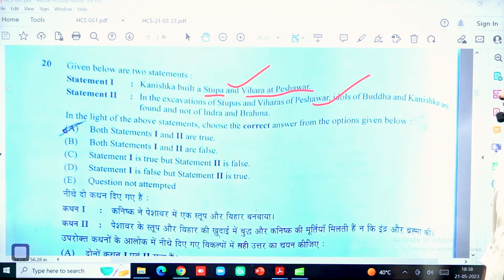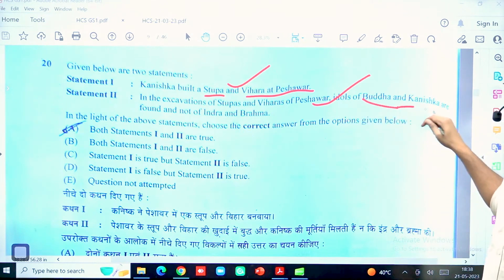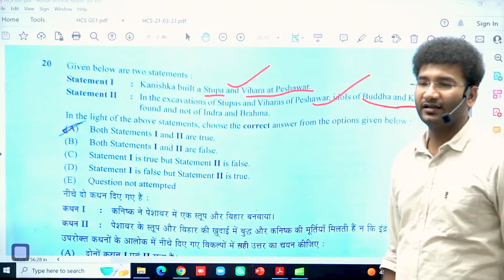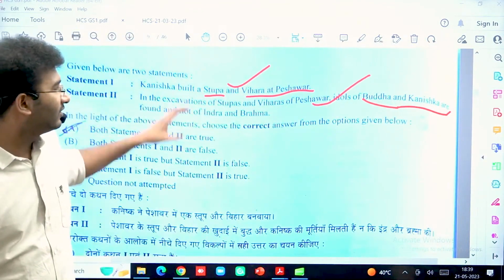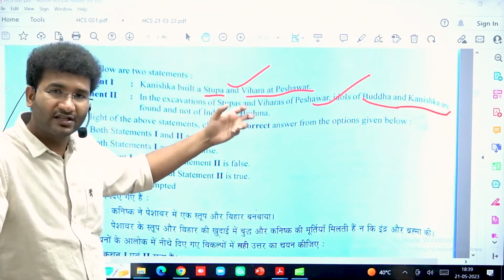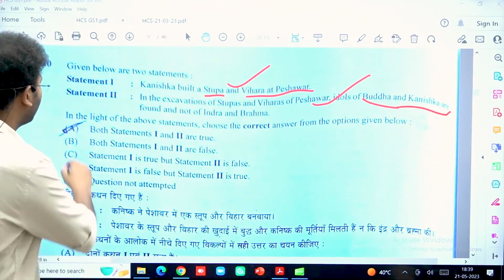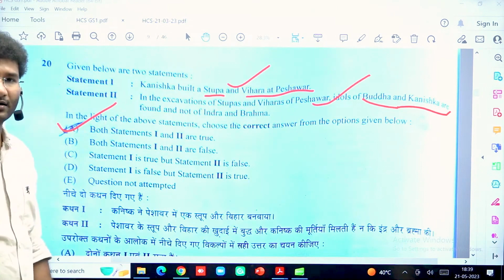Yes, in the excavations of stupas and viharas of Peshawar, idols of Buddha and Kanishka are found. This Hellenistic style of Buddhism, those kinds of stupas you will also get to see here. So both statements 1 and 2 are correct.